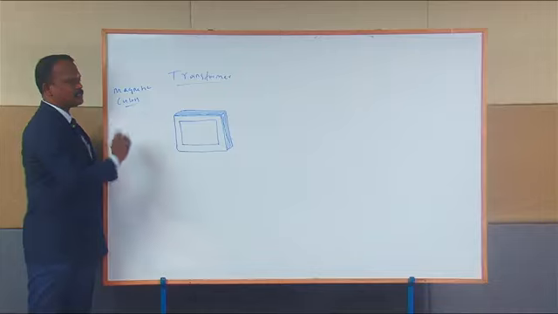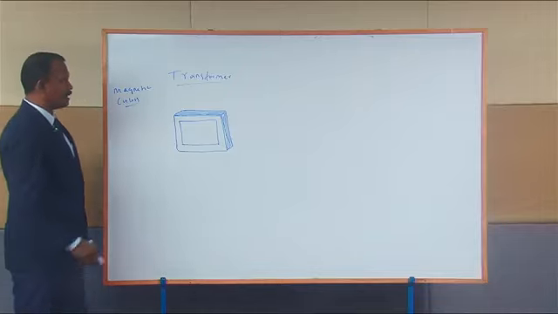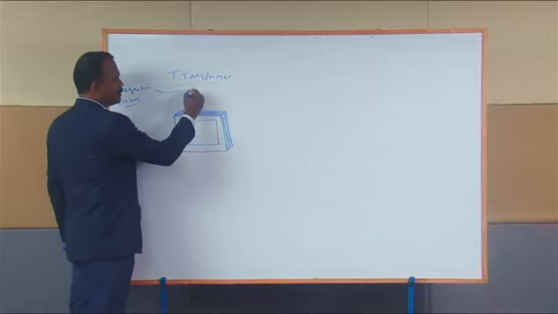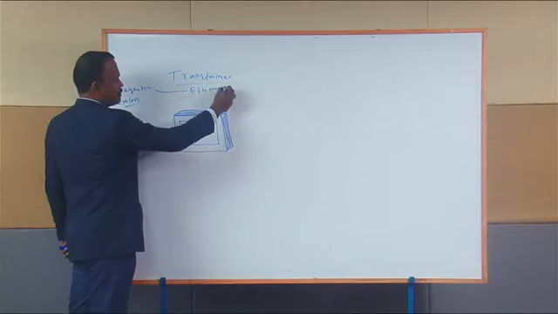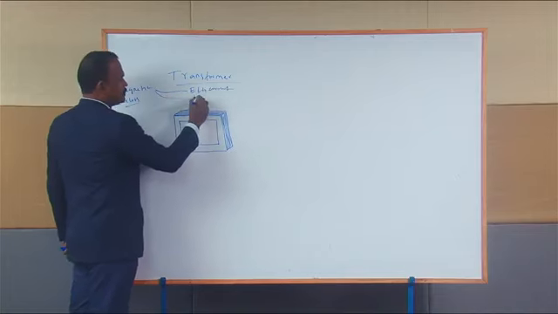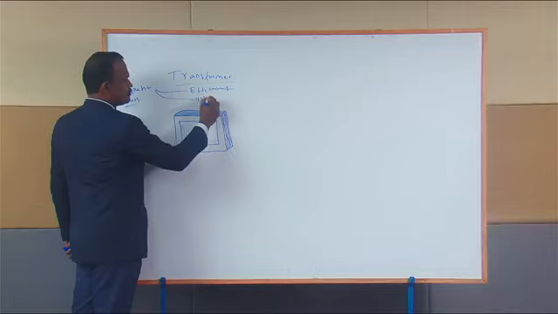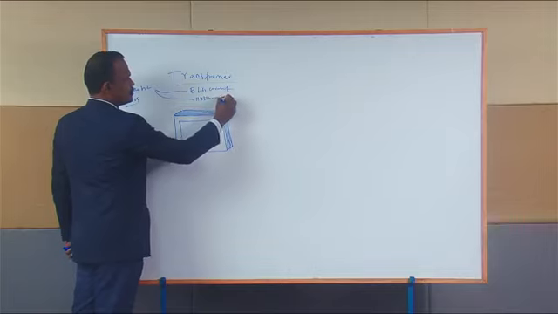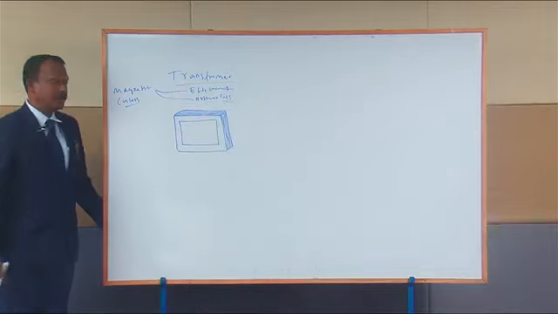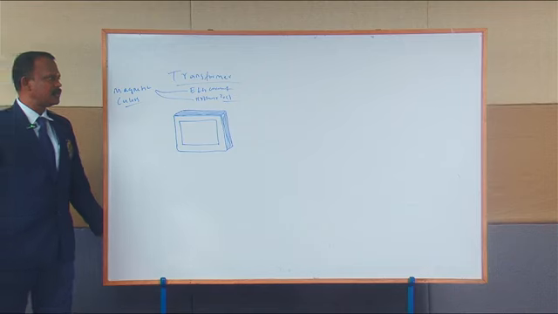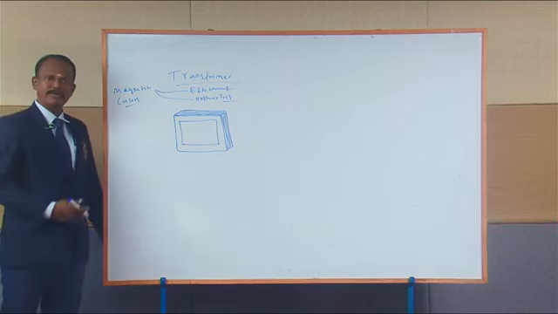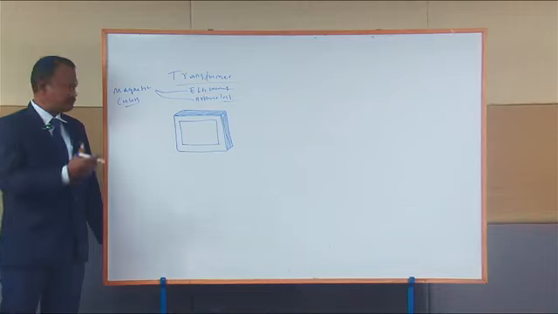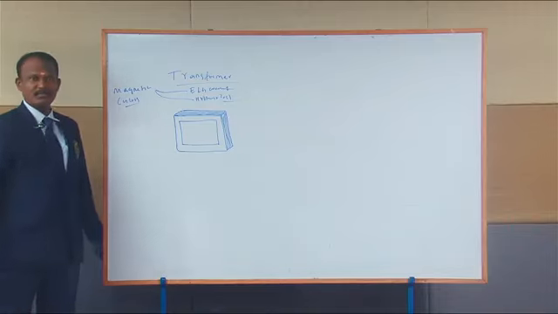The magnetic losses have two classifications: one is eddy current loss, the other is hysteresis loss. If you want to reduce the hysteresis and eddy current losses, we laminate the magnetic core into thin laminations, compressed together.